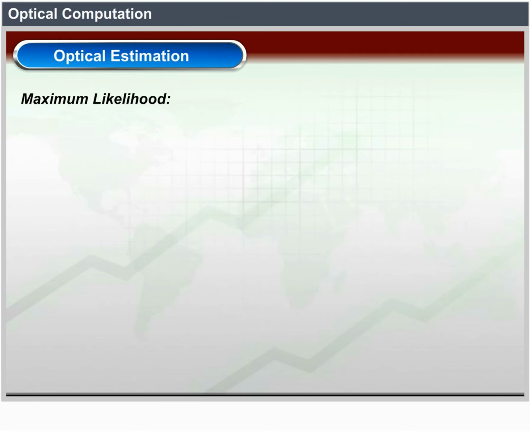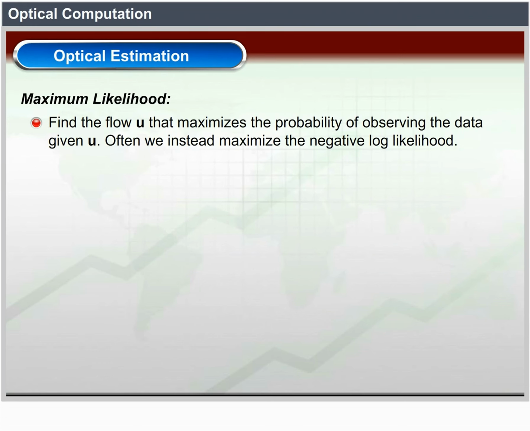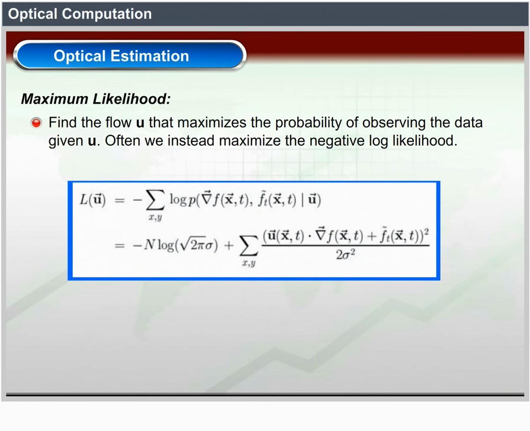Find the flow u vector that maximizes the probability of observing the data given u vector. Often we instead minimize the negative log likelihood as shown. Note, L is identical to our previous objective function E vector, except for the support g x, y and the constant term.